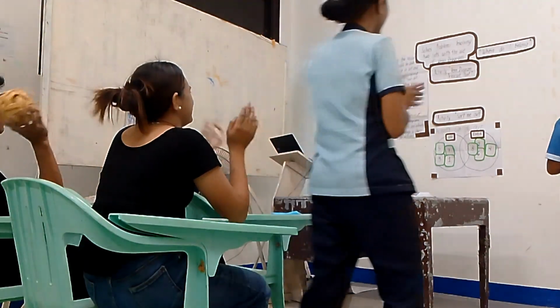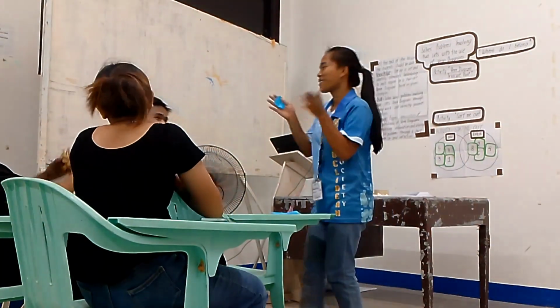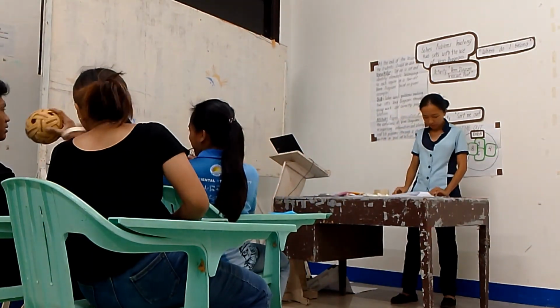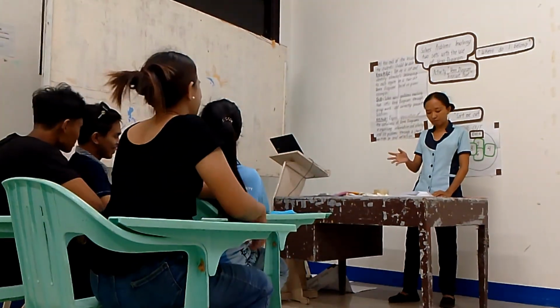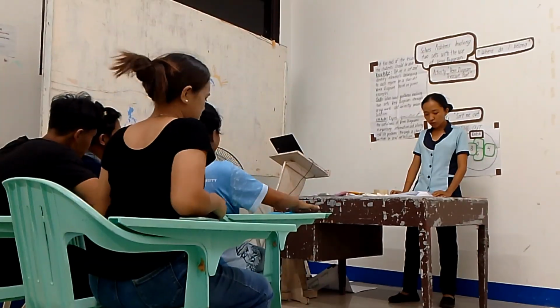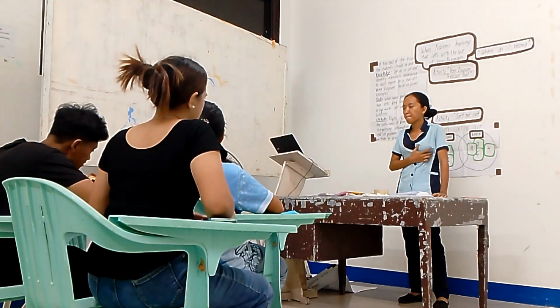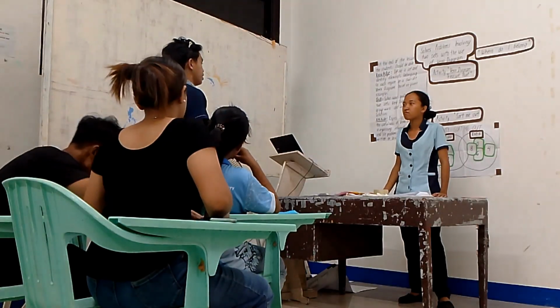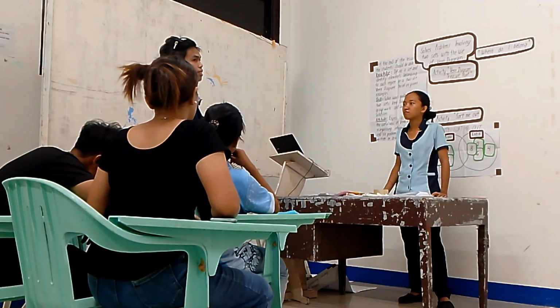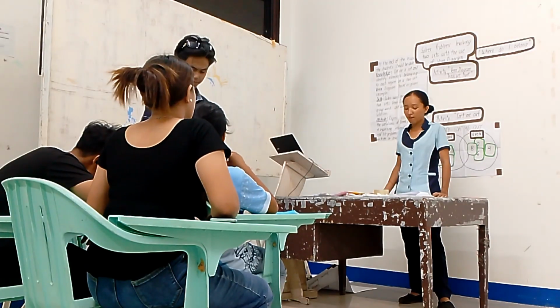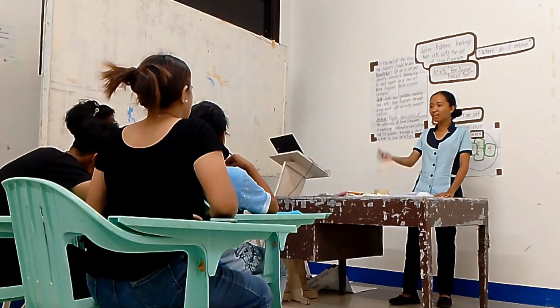Yes, good. So, based on what you read, how would you describe a set in your own words? Group 1. A set is a collection of elements. Very good.